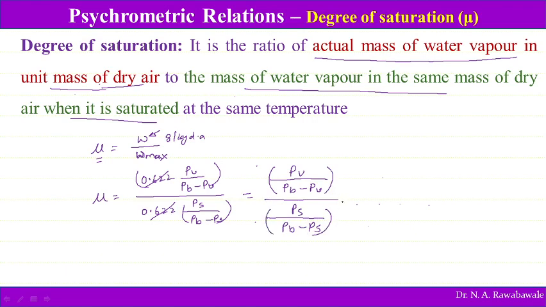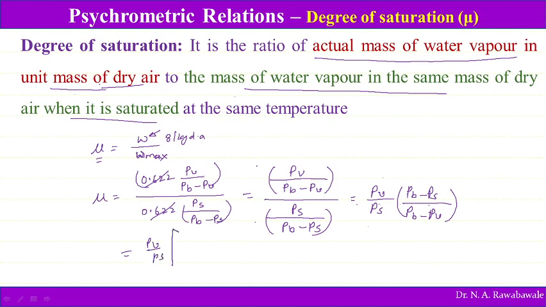So this can be written again as PV divided by PS, times the bracket PB minus PS divided by PB minus PV. Or we can take one thing common: this can be written again as PV divided by PS as it is.